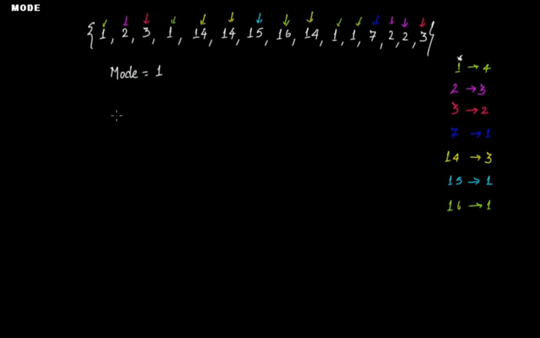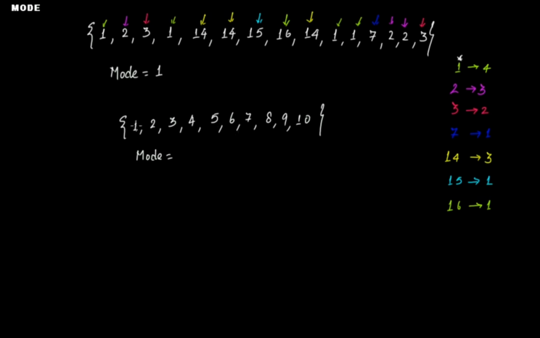Wait a second. What if our data set was something like this? 1, 2, 3, 4, 5, 6, 7, 8, 9, 10. Let's say we have these values. Now if someone asks you what will be the mode in this condition where each number or value is occurring only 1 time, in that case, remember, each number or value will be the mode of that particular data set.